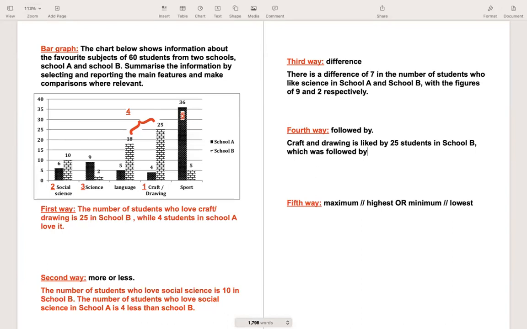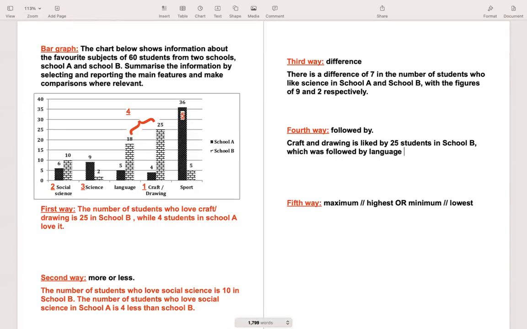Which was followed by which subject? Tell me the subject name. I'm showing you which was followed by. Language. Perfect. Which was followed by language.